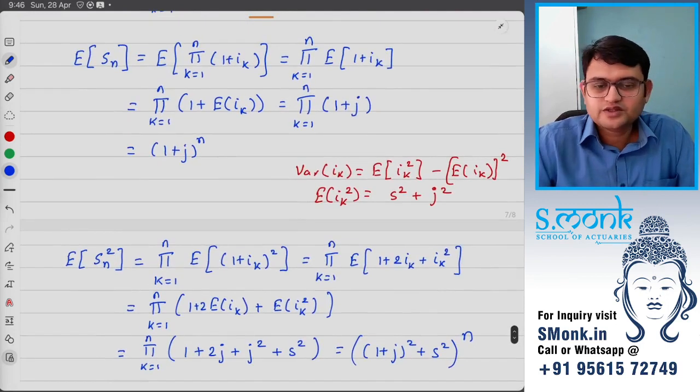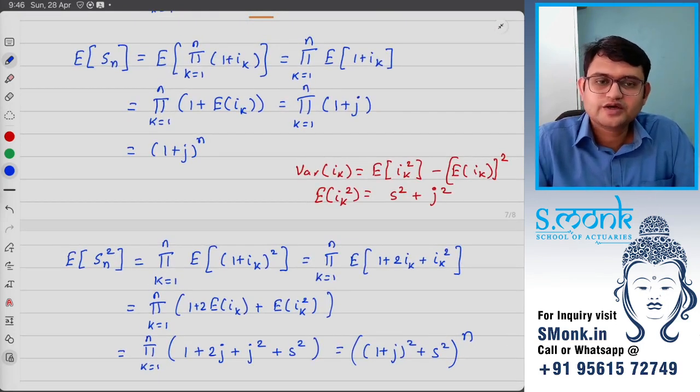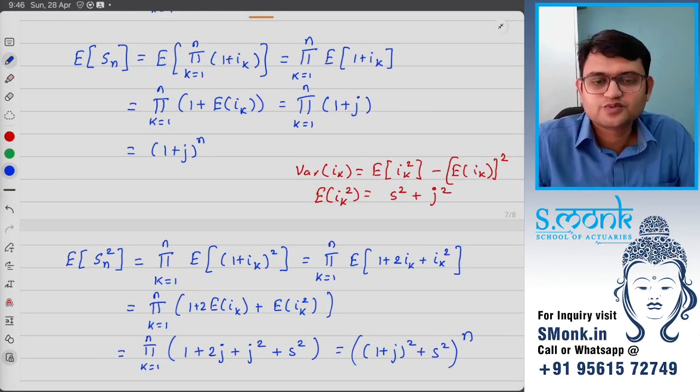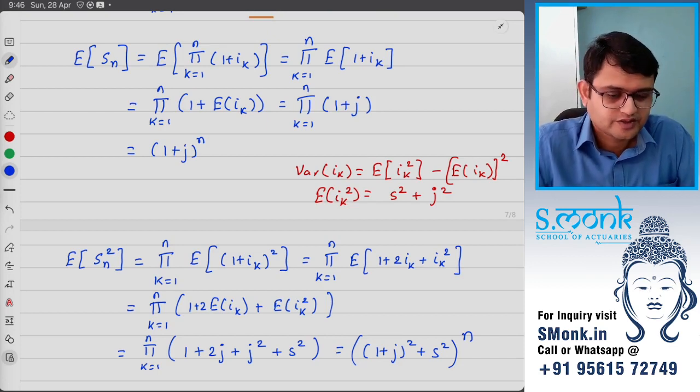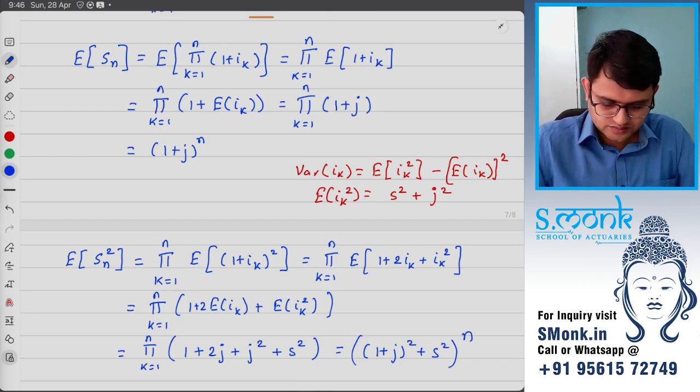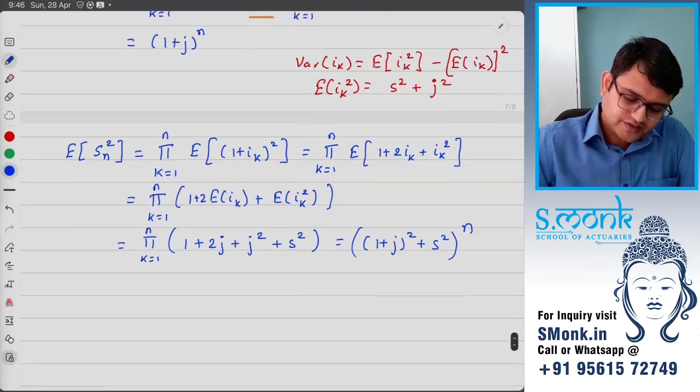So we got the mean, we got the expected value of s square. So first moment as well as the second moment. We can use that to find the variance.